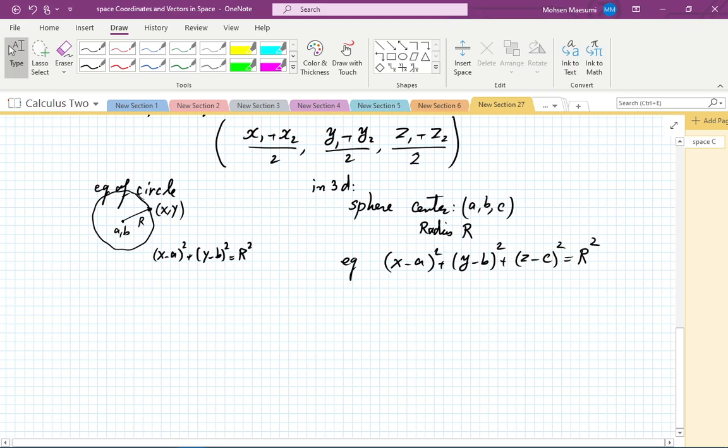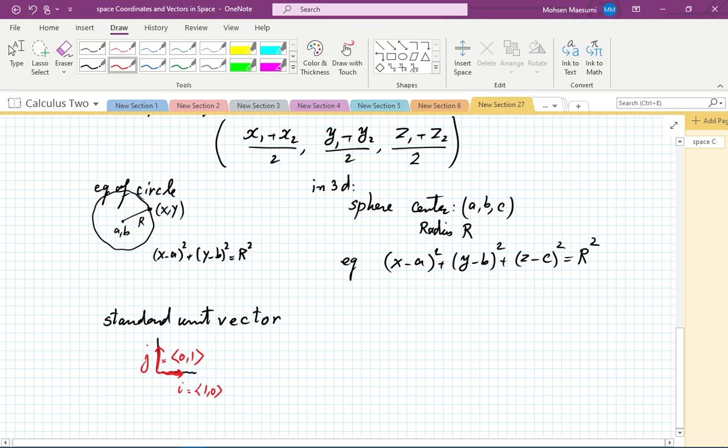We had talked about standard unit vectors before. Standard unit vectors in 2 dimension, we had called these things i and j. So these were the 2 vectors. In that setting, this was (1, 0), and this was (0, 1).